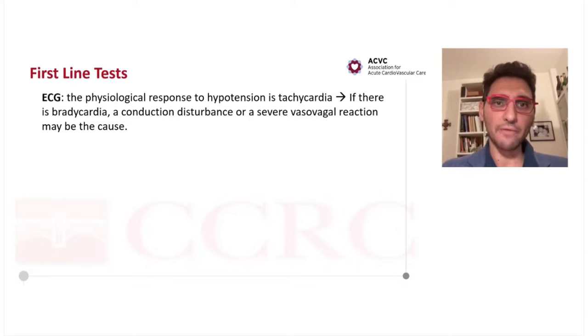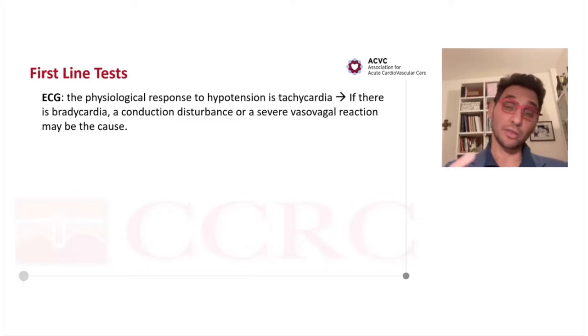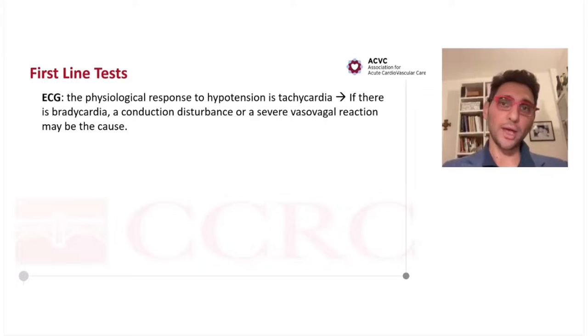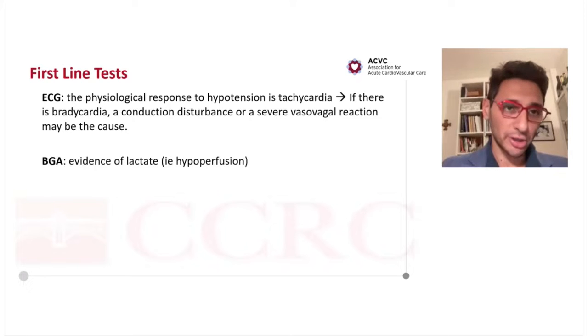The patient may have a conduction disturbance, or a severe vasovagal reaction, for example when you are removing a femoral sheath and the patient has severe pain and acute hypotension. If you have concomitant bradycardia, this is not likely a hemorrhagic shock. It's an important vasovagal reaction, so you can wait or give atropine if that persists.